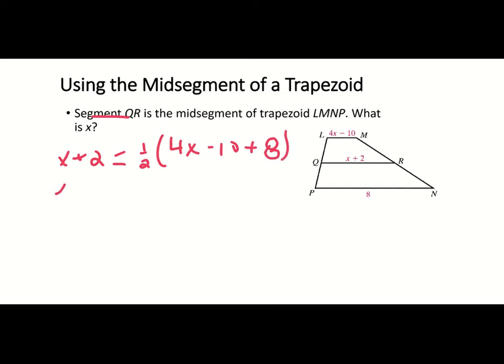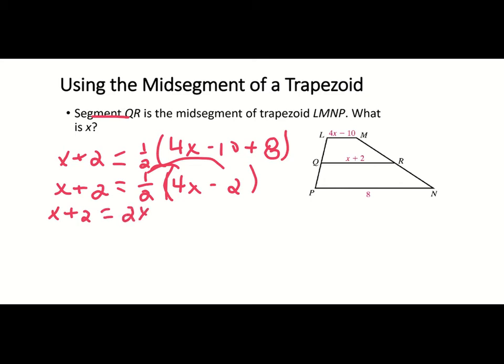And I can keep x plus 2 is equal to 1/2 times 4x, negative 10 plus positive 8 will give me a minus 2. If I distribute my 1/2, I'll end up with x plus 2 equals half of 4 is 2, so 2x.